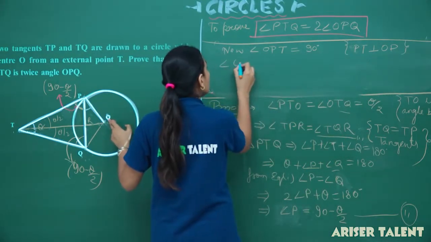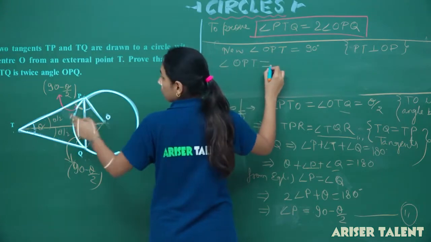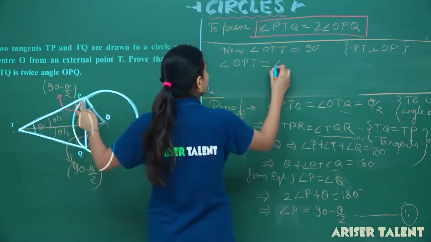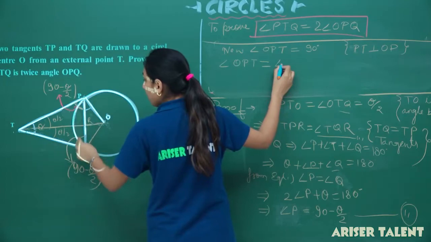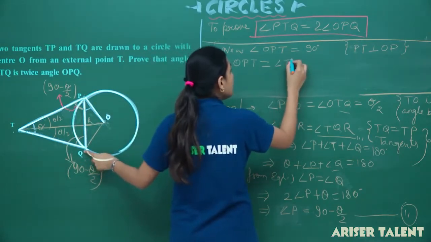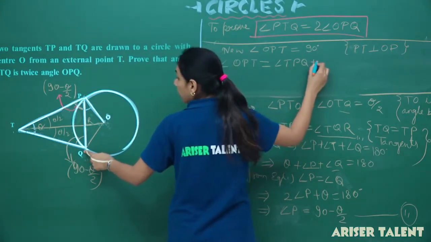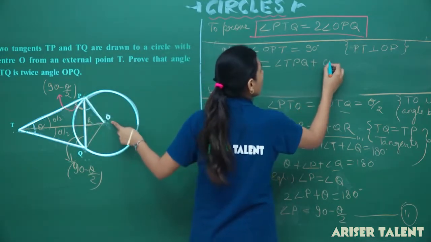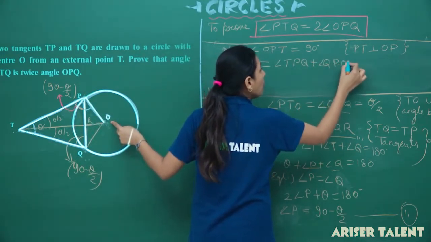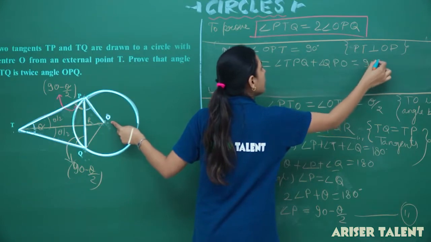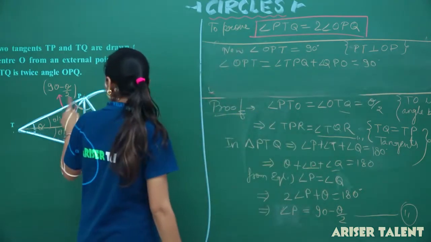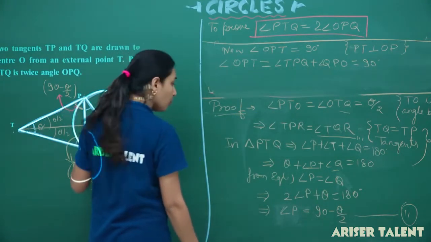Okay, so now this angle OPT is equal to what? Angle TPQ plus angle QPO, that is equal to 90 degrees. Now I have the value of this TPQ.